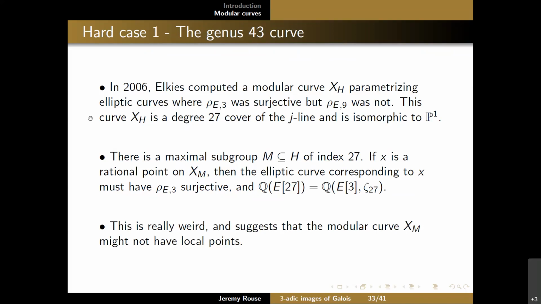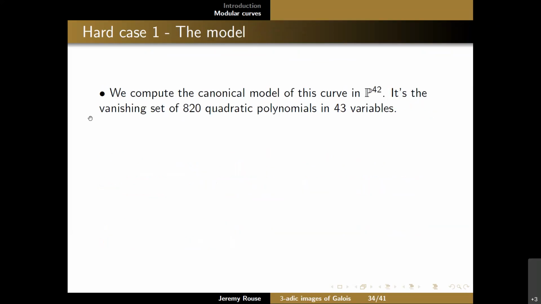So how can we test that? What we do is we write down the canonical model of this genus 43 curve. Now the canonical model of a genus g curve lives in P^(g-1). So this canonical model lives in P42. It's the vanishing set of 820 quadratic polynomials in 43 variables.